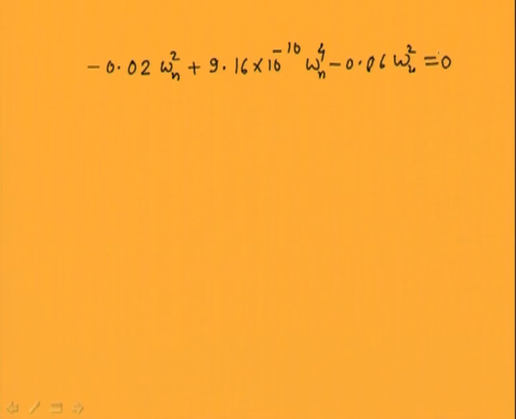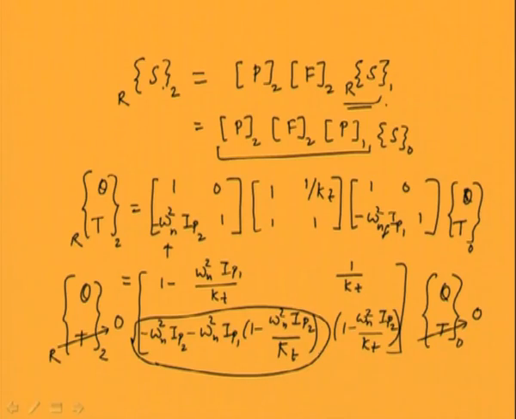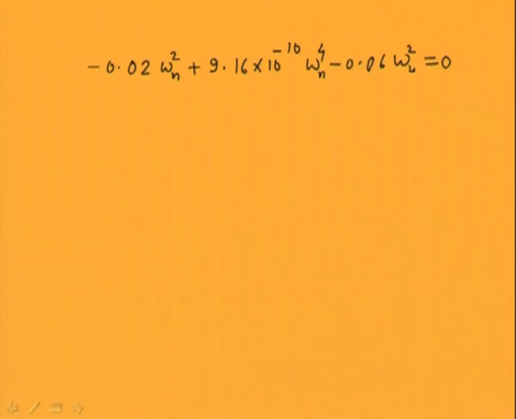So this is this particular term which we equated equal to 0, and we substituted for various values. So you can see there is a polynomial in omega n and it can be solved, and one of the natural frequency is 0 because omega n can come common here.